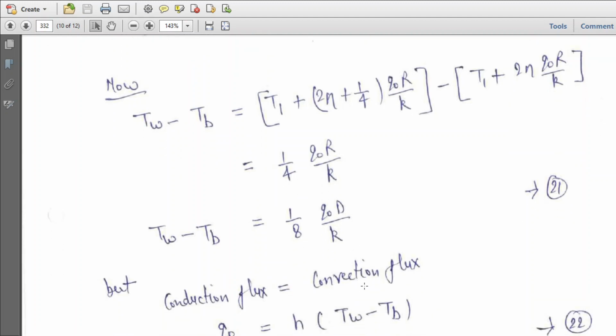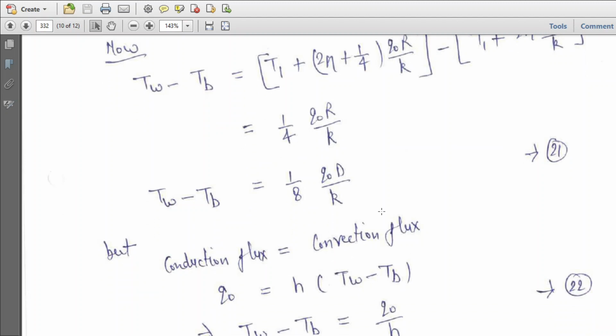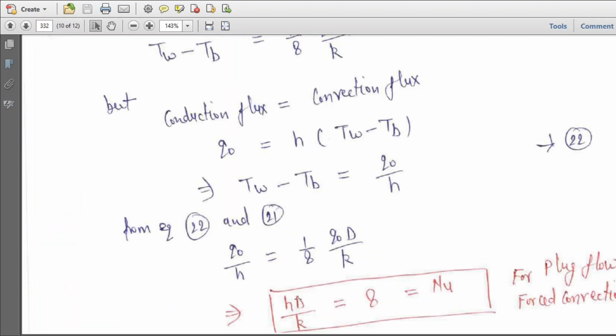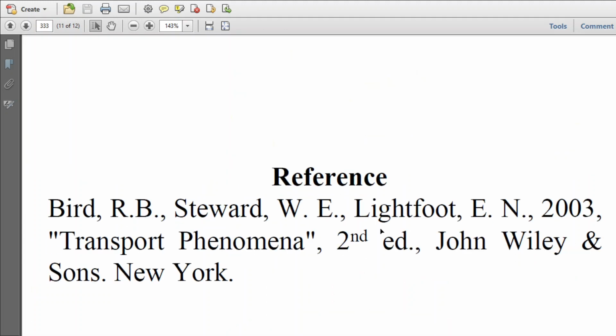Now conduction flux equal to convection flux, so conduction flux is q naught equal to h into Tw minus Tb. So you have Tw expression from here. Substitute here from this, so you have hD upon k equal to 8, equal to Nusselt number for plug flow under forced convection in circular tube. So the reference for this is Transport Phenomena by Bird, Stewart and Lightfoot.